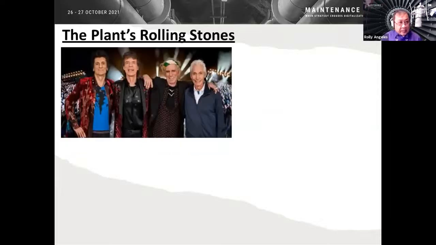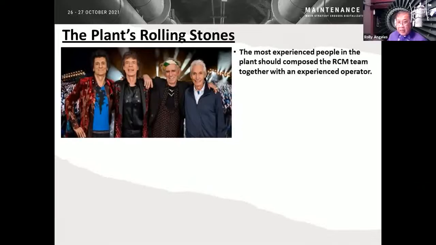So it means that if TPM is for everyone, now RCM is for the most experienced people, okay? So the most experienced people in the plant should be the ones to compose the RCM team, with an experienced operator.